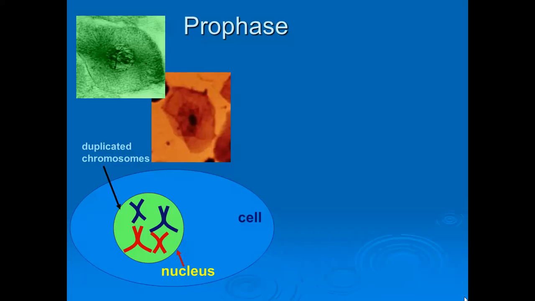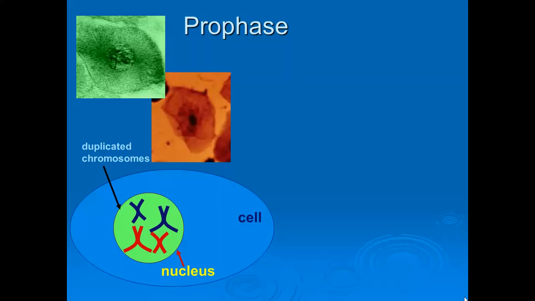Mitosis is known as the process of nuclear division, where DNA is replicated and the replicated molecules are arranged into two separate nuclei. Mitosis is always preceded by interphase, and then has four distinct phases: prophase, metaphase, anaphase, and telophase.